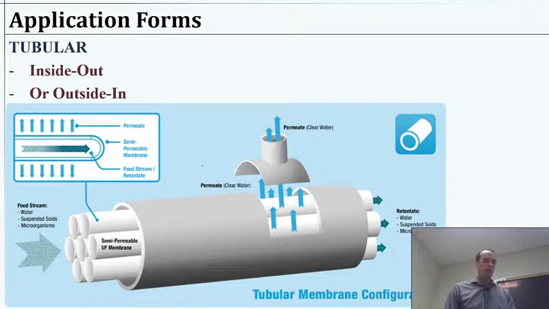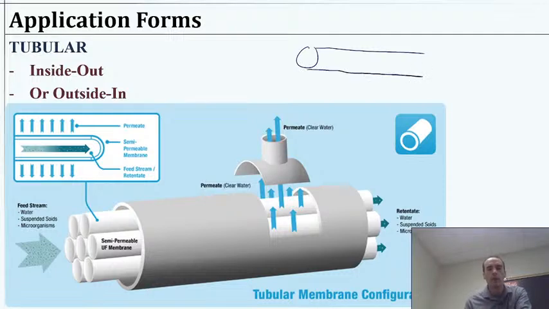Okay, so we've got these tubular, we've got the spiral wound, and I'll make a note here for these tubular membranes. There's a couple different ways we can actually operate them, and I think we've only looked at inside out so far. But if we imagine that we have a membrane that looks like this, a cylinder that has some wall thickness, we could actually operate in one of two ways.